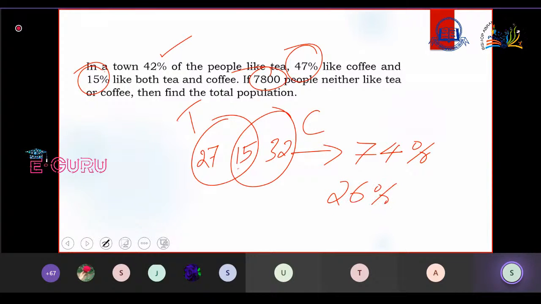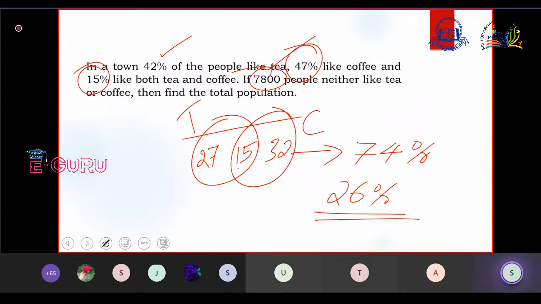These are the people who don't like tea or coffee. They neither like tea nor coffee. Because whoever liking tea or coffee or any of these things already came here. So the people who don't like tea or coffee, they are represented by this 26%.